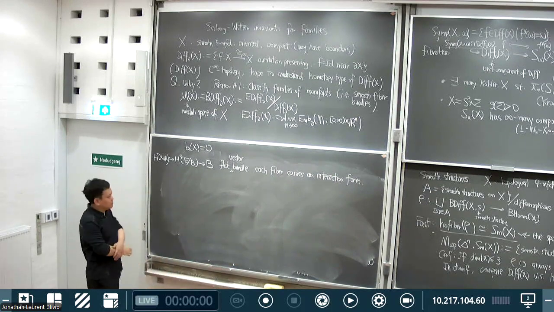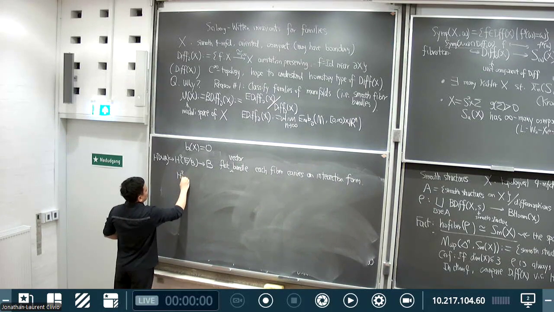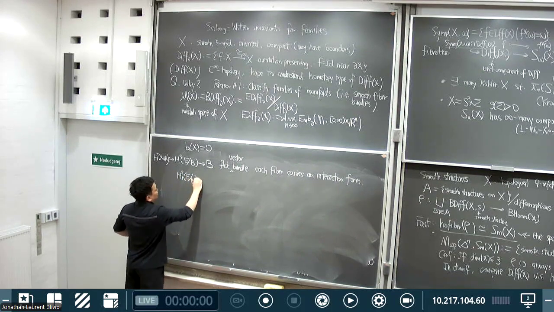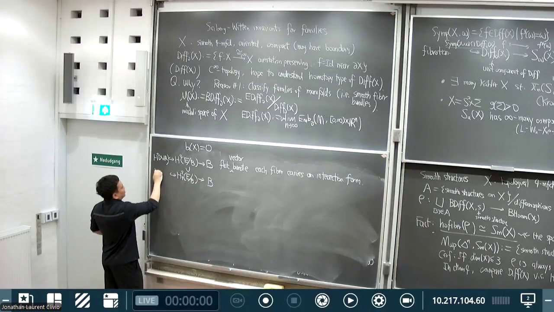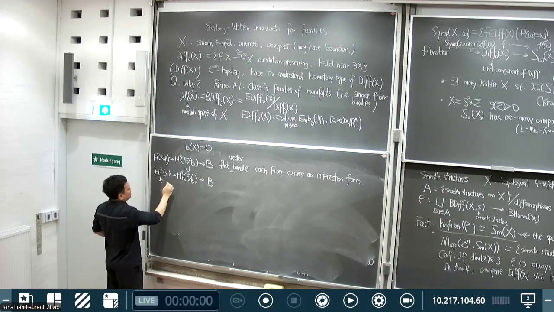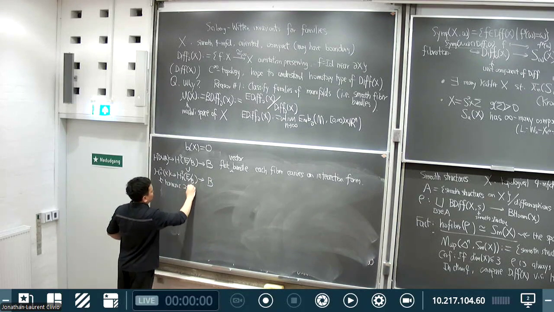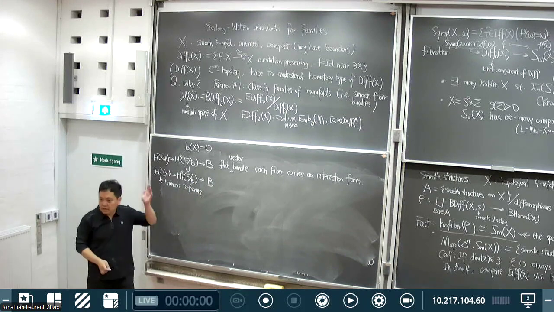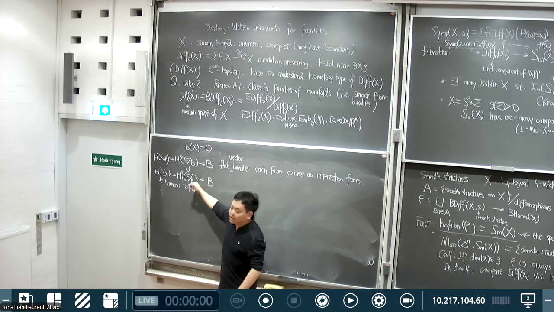Now we can consider a sub bundle H2 plus of E over B. This is just H2 plus of X, the space of self-dual harmonic forms. So we can put the space of harmonic self-dual forms on each fiber and form a smaller vector bundle.